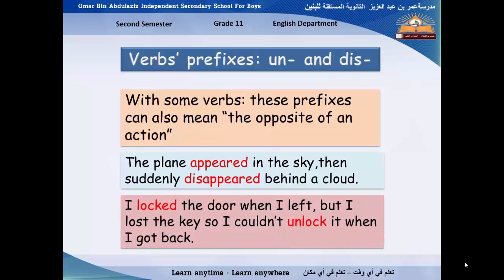Another example, I locked the door when I left, but I lost the key, so I couldn't unlock it when I got back. So, as we can see, we used the prefix un to form the opposite form of the verb lock. It will be unlock, which means open.